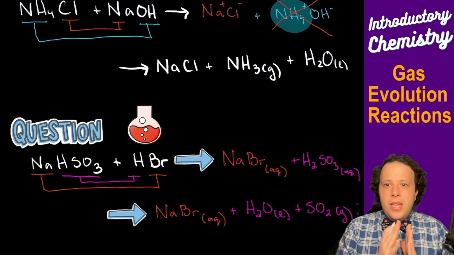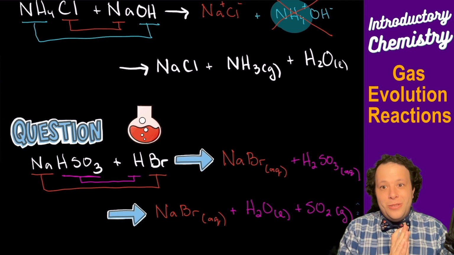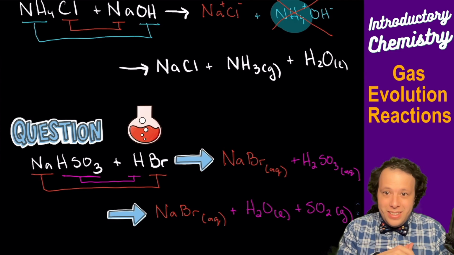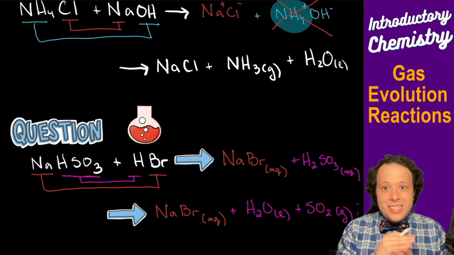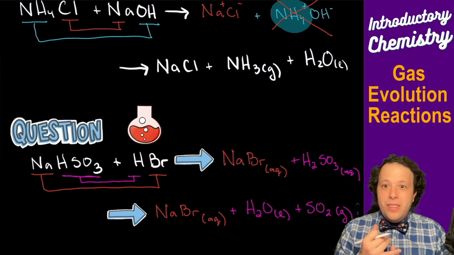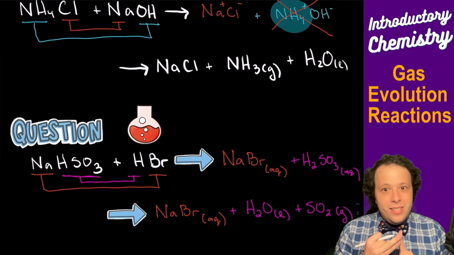Now, let's say I ask you to find the net ionic equation, which, if you refer to my last video on net ionic equations, should illustrate something being formed. They always show how precipitates are formed or how gases are formed. So this should help show how SO2 and water are forming.